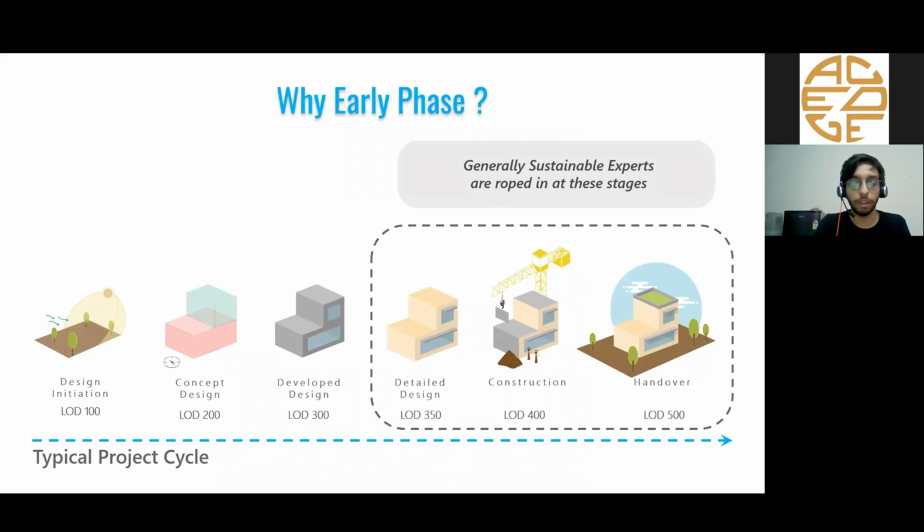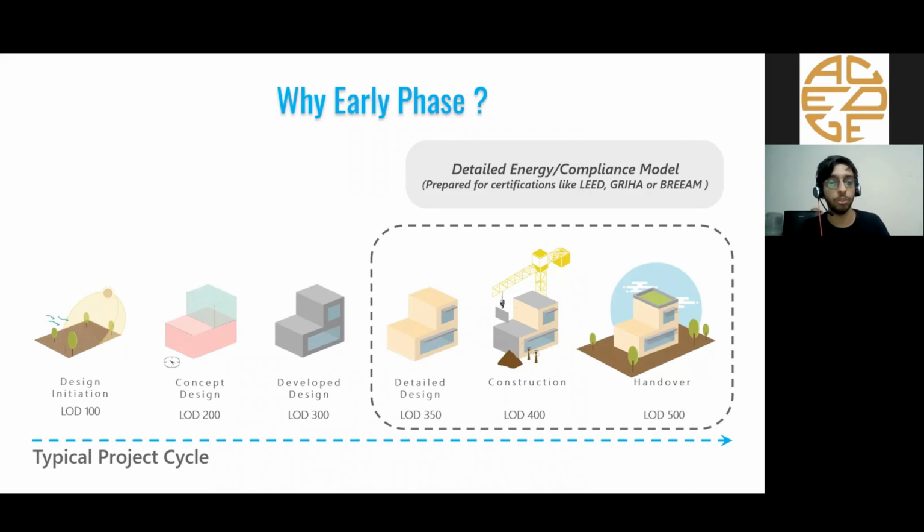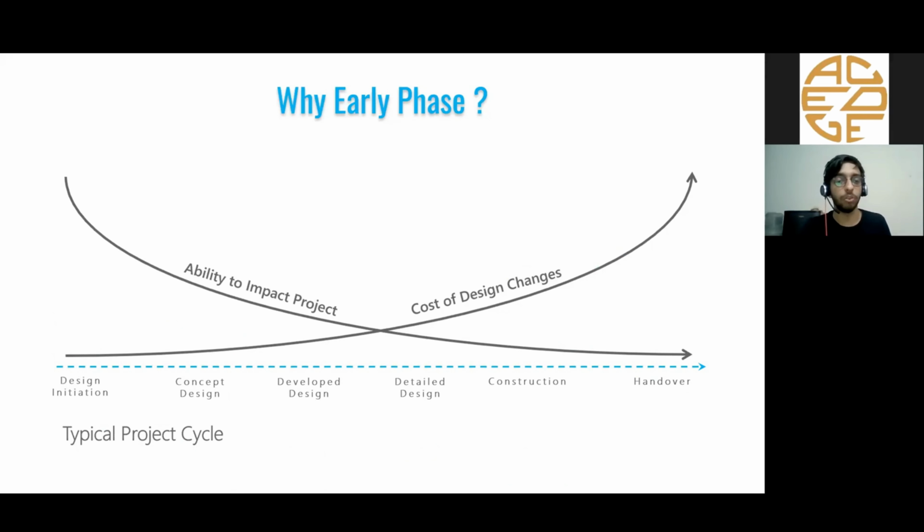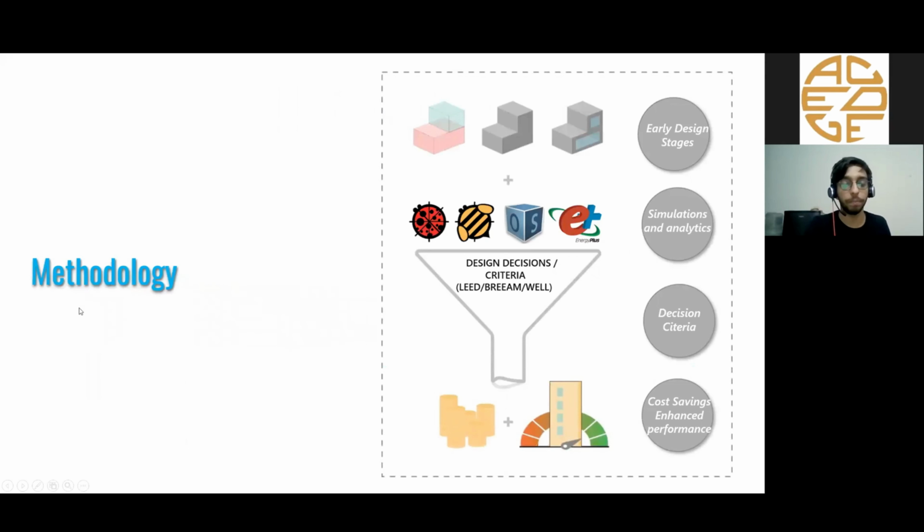Generally sustainability experts are brought in at a later stage, but we need to start doing analysis as early as possible. The ability to impact the project is much less when the project has advanced, and the cost also increases. So we need to start as early as possible.